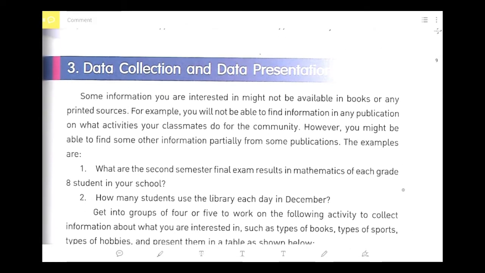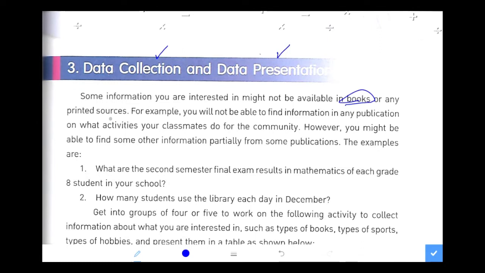Okay, so that is your exercise 2.2, and today we will talk about data collection and data presentation. We will talk more about this topic in detail. Some information that you are interested in might not be available in books or any other printed source.